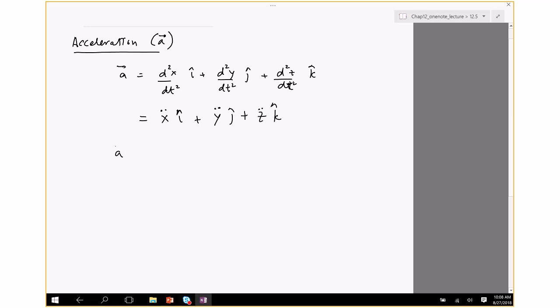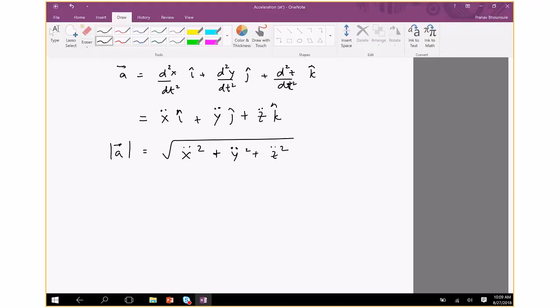And then if you want to find the magnitude, simply x double dot square plus y double dot square plus z double dot square, and you take the square root of the sum.